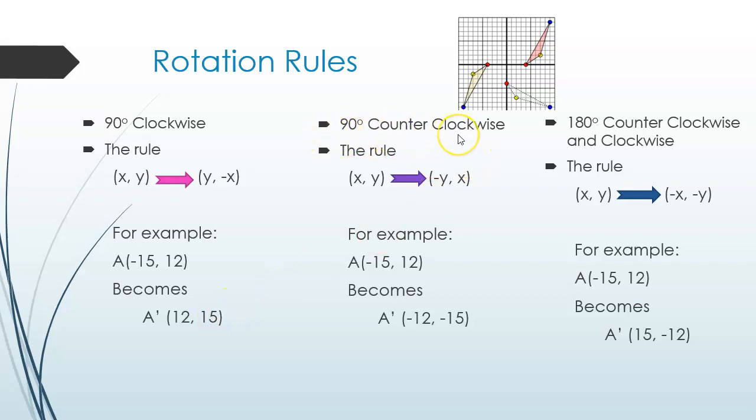If it's 90 degrees counterclockwise, the rule is (x, y) becomes (-y, x). So for (-15, 12), the opposite of y would be -12, and your regular x is -15. For 180 degrees counterclockwise or clockwise, the rule says (x, y) becomes (-x, -y). So that same point (-15, 12), the opposite of x is positive 15, and the opposite of positive 12 is -12.